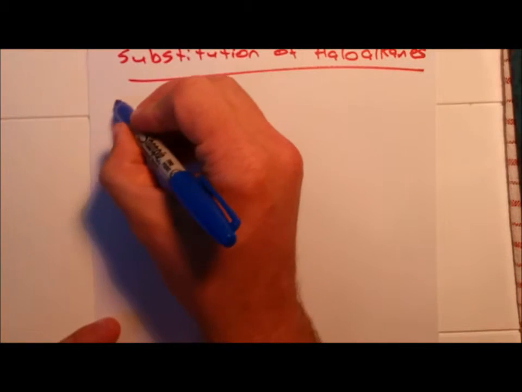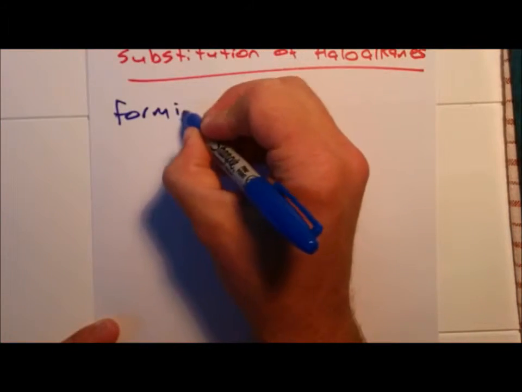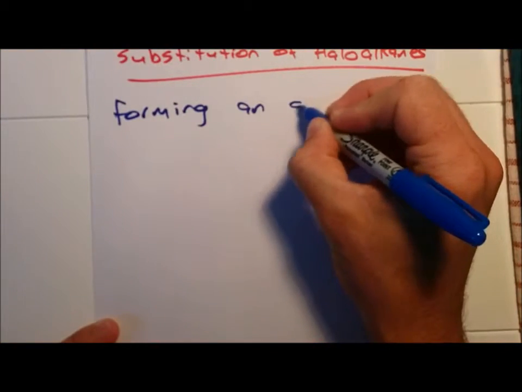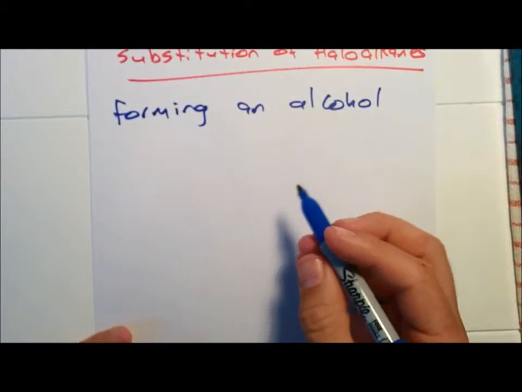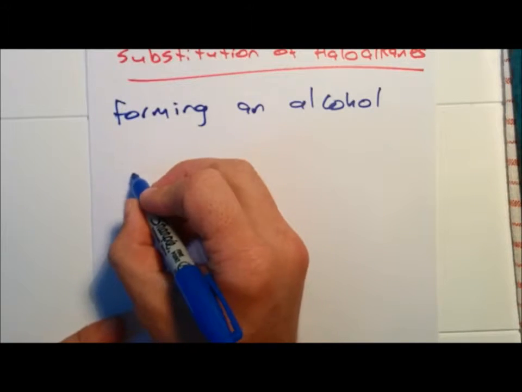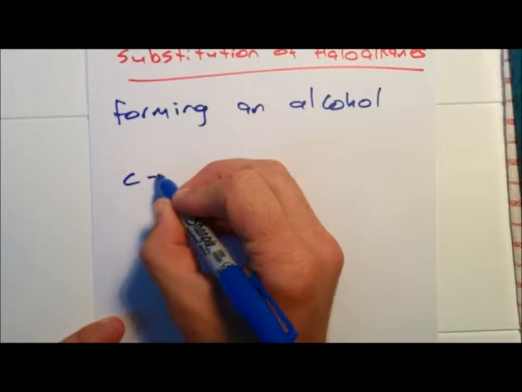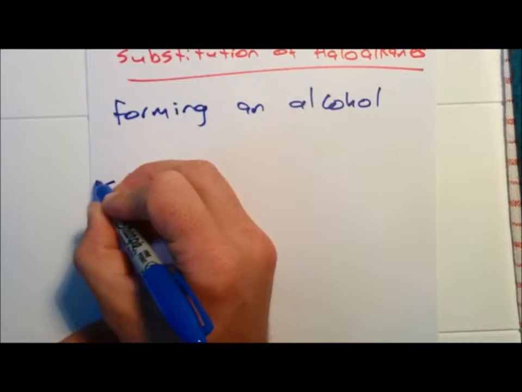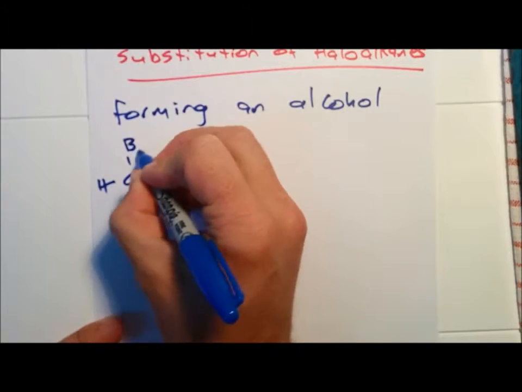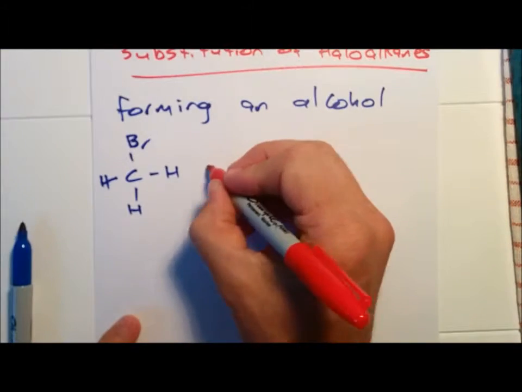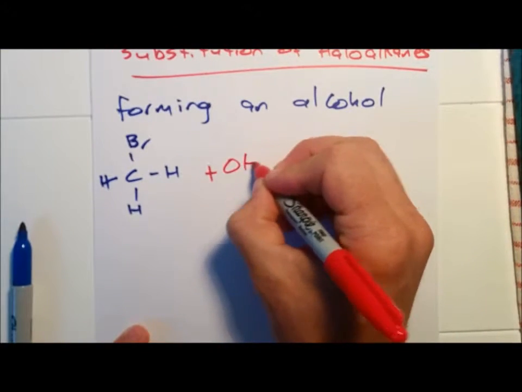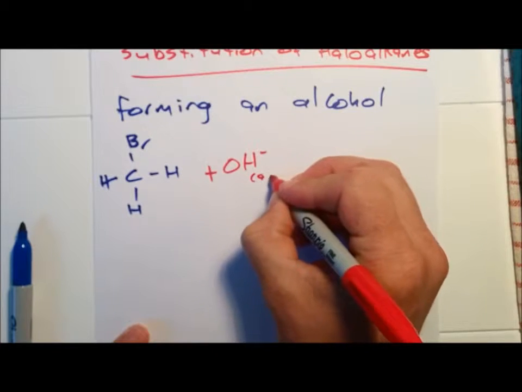Right, so there's two substitution reactions that you need to know about. The first of which you'll end up forming an alcohol. So what happens is you mix a haloalkane. So if we just keep something simple like bromomethane, and we mix it with aqueous hydroxide.